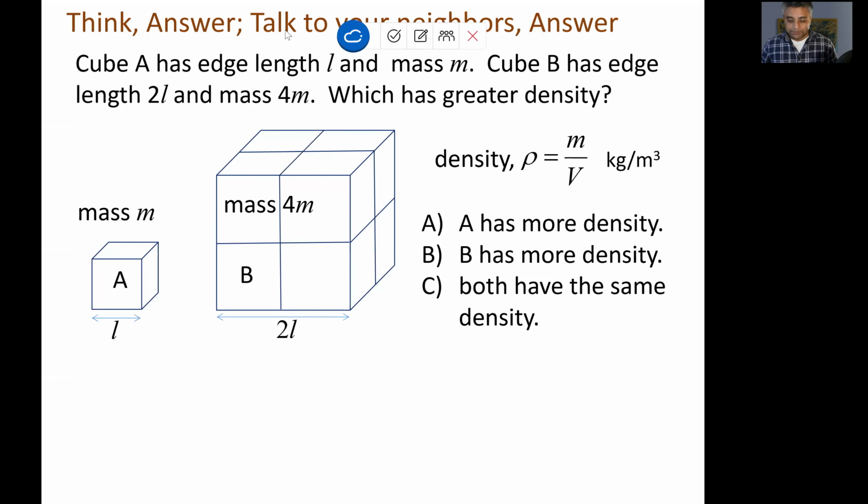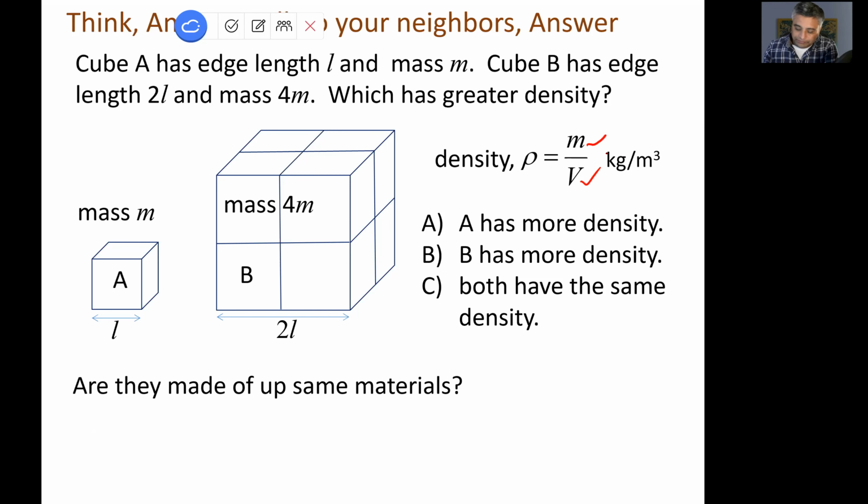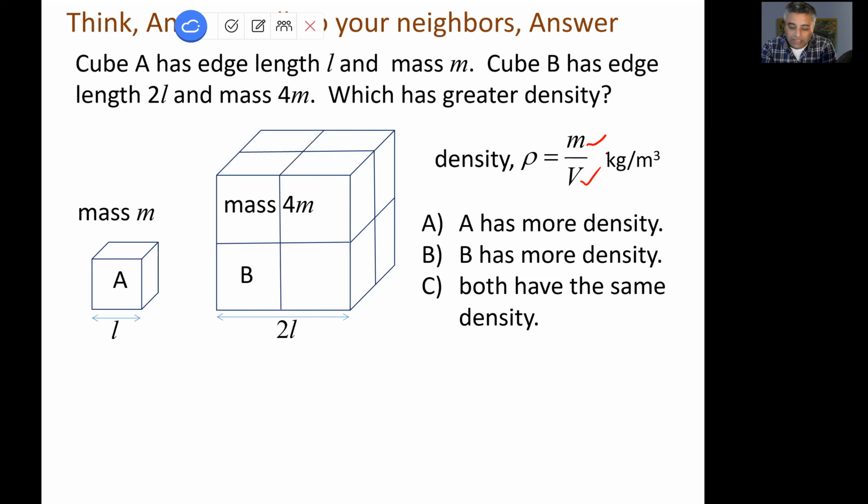Now, when we're talking about fluids, rather than talking in terms of mass, we may talk in terms of density. Density is defined as mass divided by volume, okay? Mass divided by volume. So here is this information.